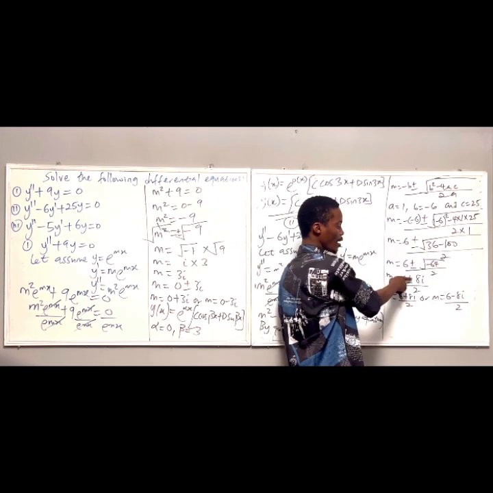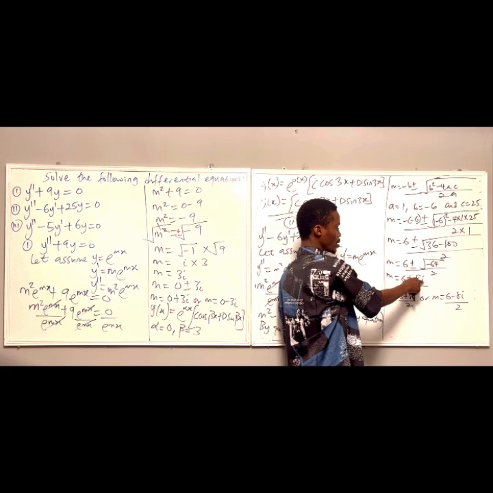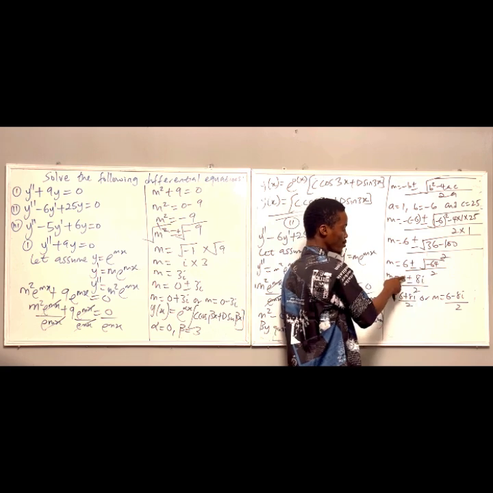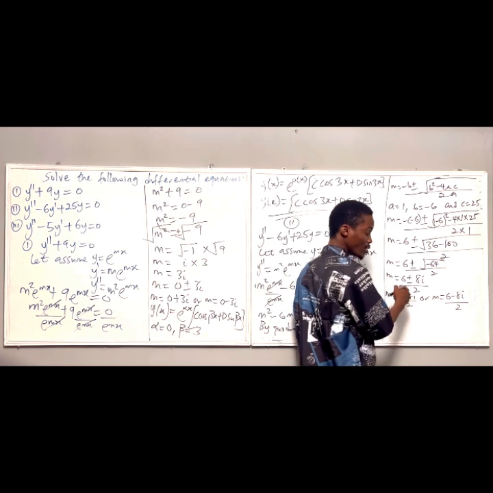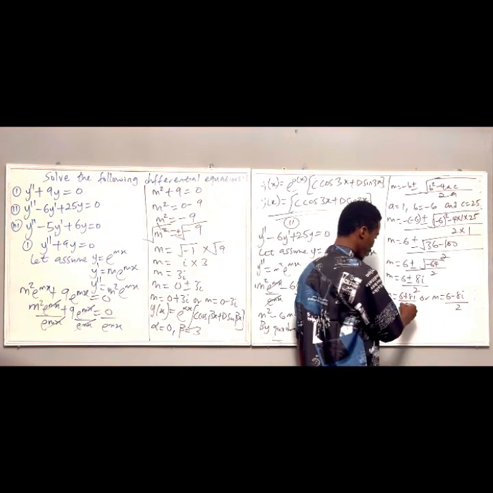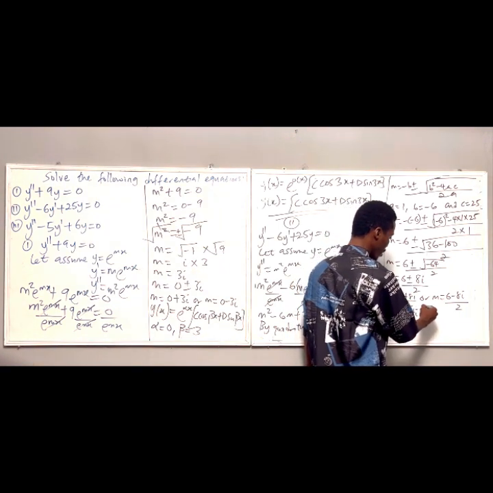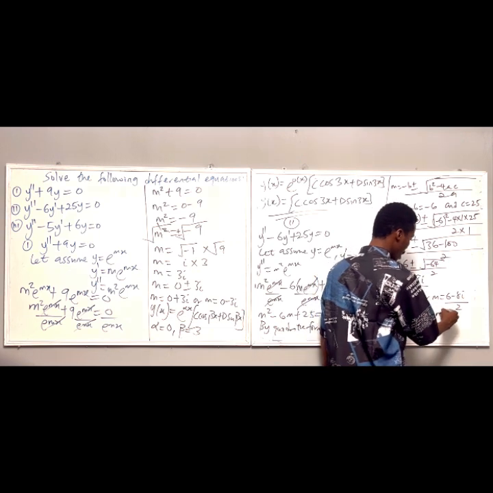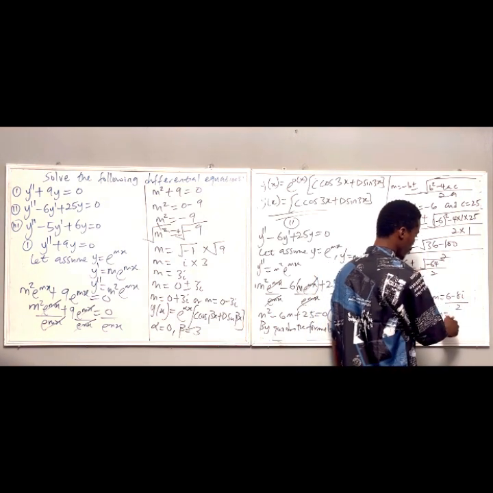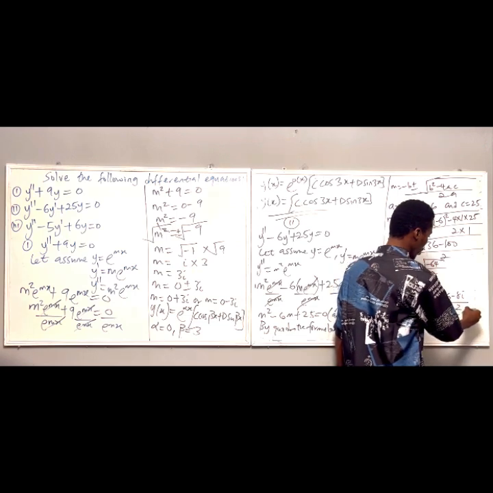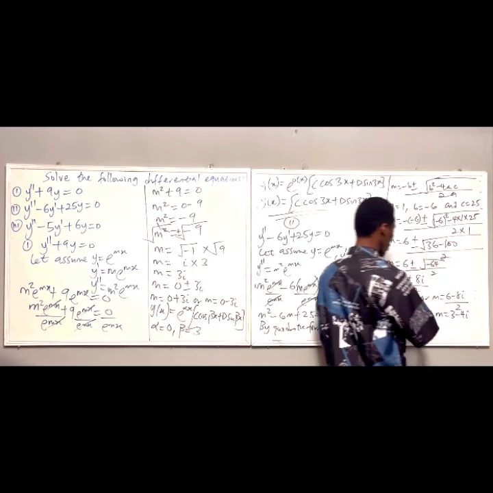How many 2s will you see in 6? 3 plus 4i, or m is equal to 3 minus 4i. So this is the solution.